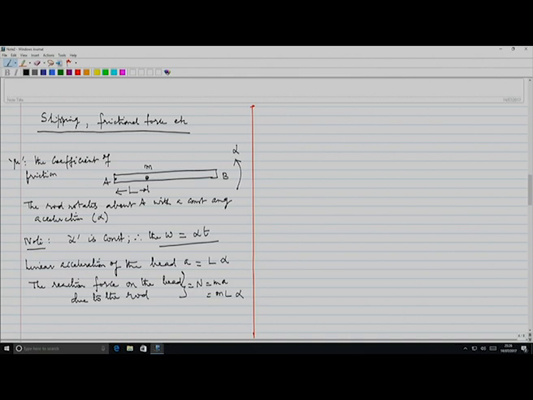Now there is a centripetal force on the bead. The centripetal force is equal to M R theta dot squared, where theta dot is d theta by dt, that is nothing but omega. Therefore the centripetal force on the bead is M into L into alpha t whole squared, that is M L alpha squared t squared.